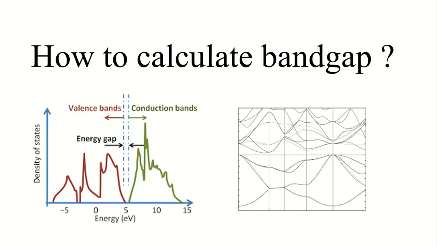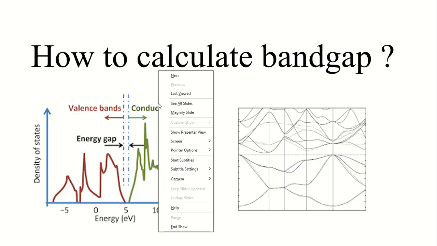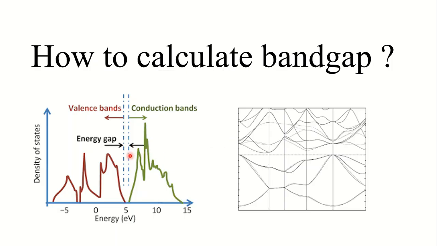Let us see how we can calculate band gap. So, the traditional method to calculate band gap is just to get density of state for the structure, and with density of state, we find the energy region over which the density of state is zero, and we call it band gap.